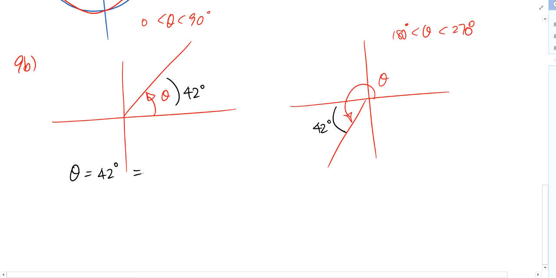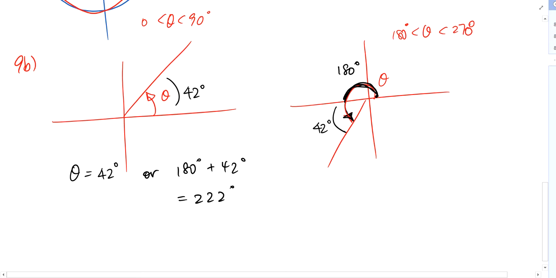Whereas in the second case, my theta starts from this point until this point. Okay? So we can break this down into two parts. First, along the x-axis, we've got 180 degrees. So I need to add another 42. So this will be 180 degrees plus 42 degrees, which gives me 222 degrees.